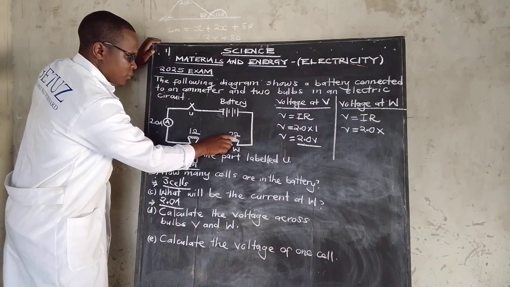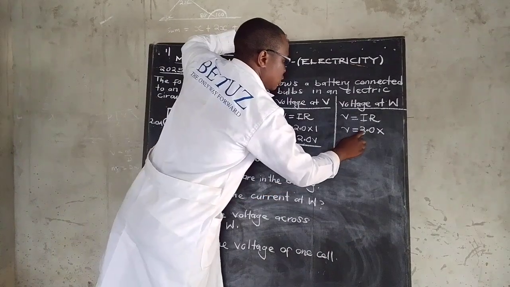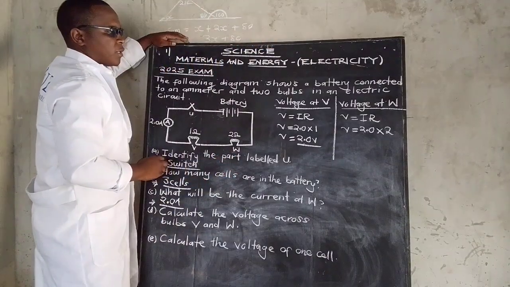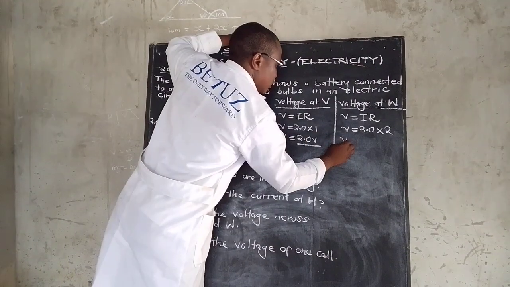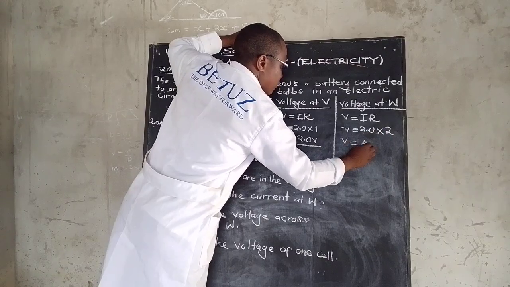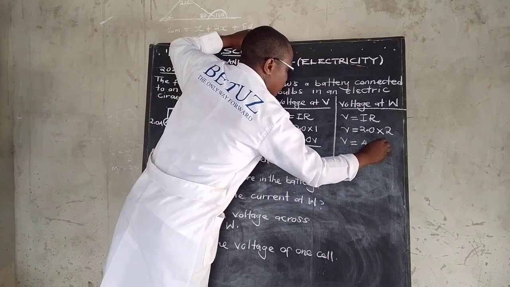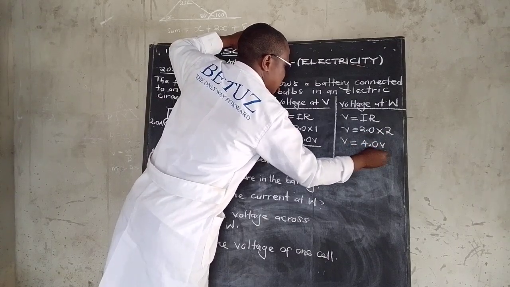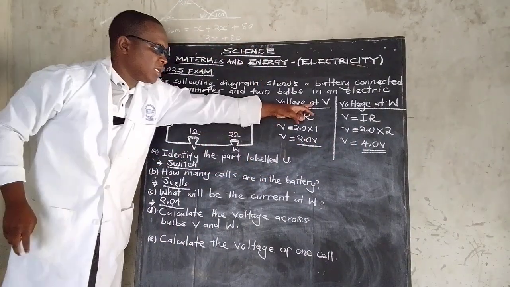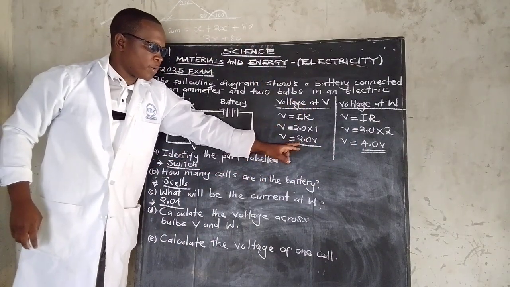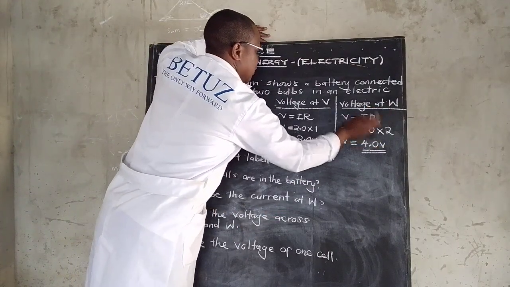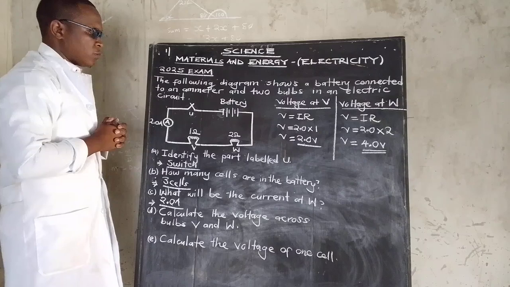It's 2 ohms. So 2 times 2, we get 4.0 volts. So this is the voltage at W. The voltage at V is 2.0 volts. The voltage at W is what? 4.0.